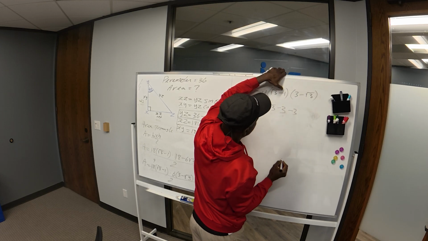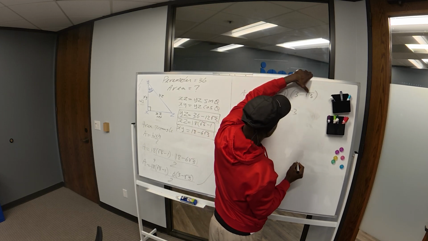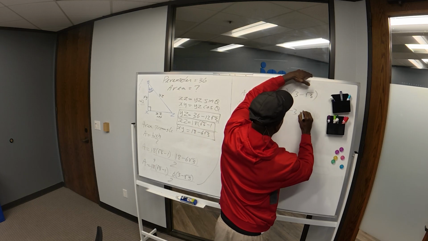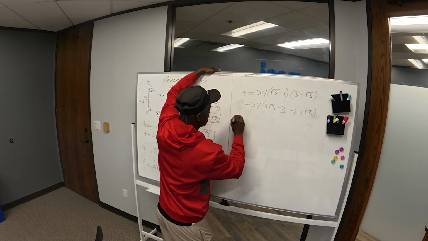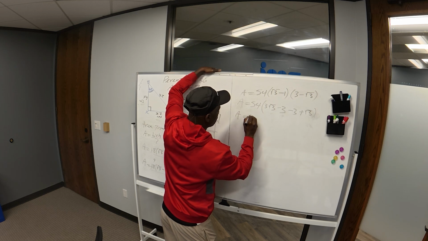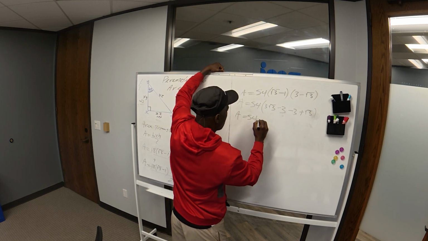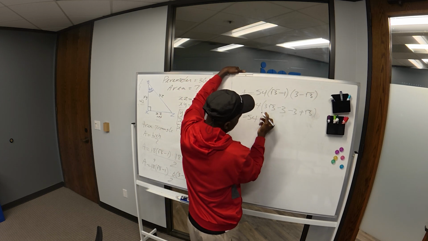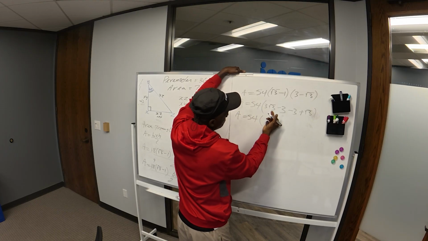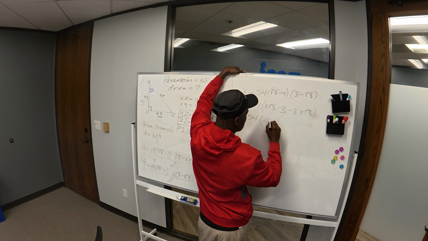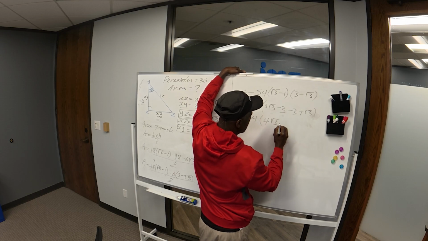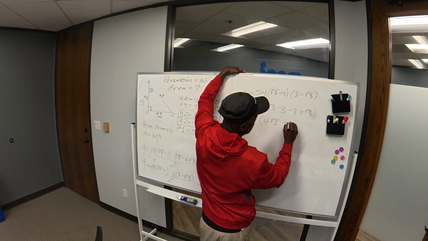And we have minus 1 times minus square root of 3 is equal to plus square root of 3. And now we can say A is equal to 54 outside of 3 square root of 3 plus square root of 3, which is 4 square root of 3, minus 6.